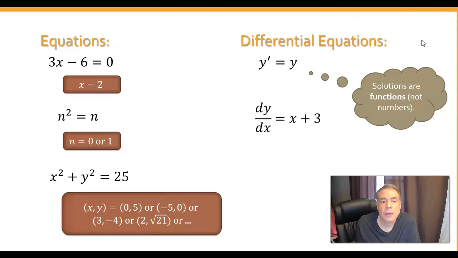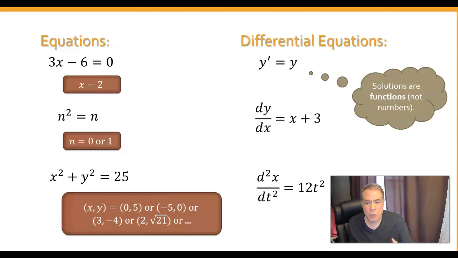Or dy dx equals x plus 3. What can y be as a function of x so that the derivative of y with respect to x is x plus 3? Or d squared x dt squared equals 12t squared.